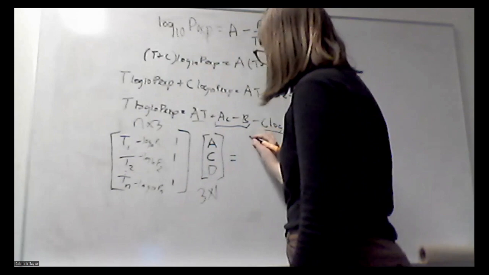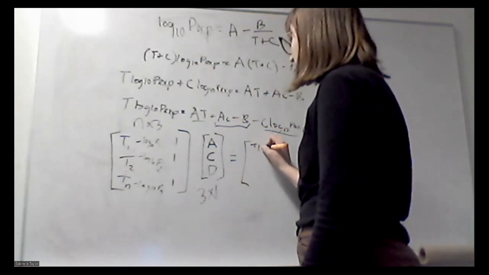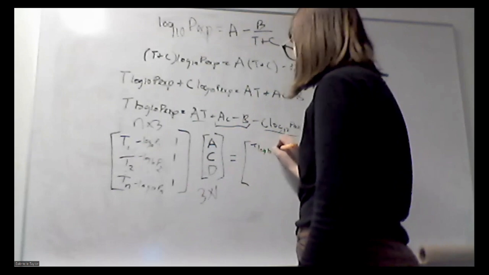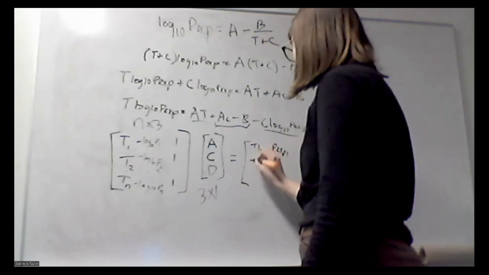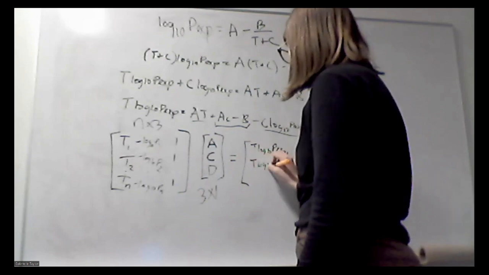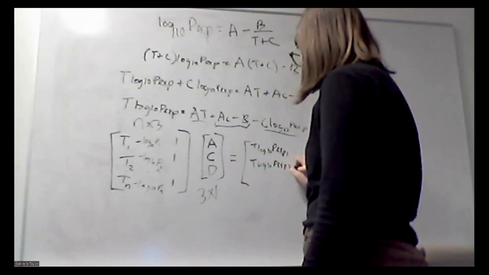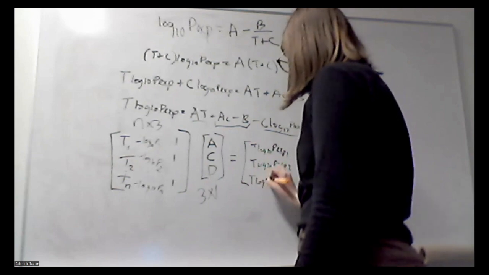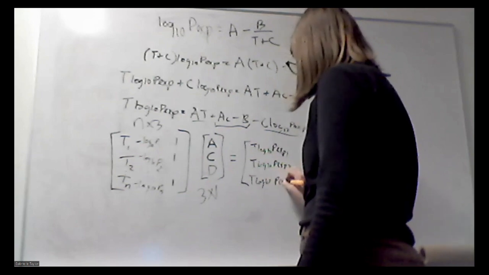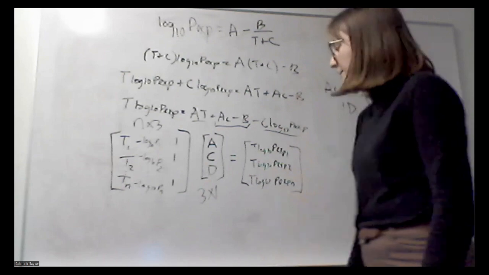So let's write that down. So we have T log base 10 of P1, and this is dot dot dot log base 10 of Pn, and this is n.